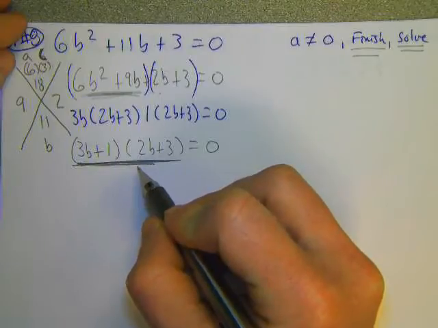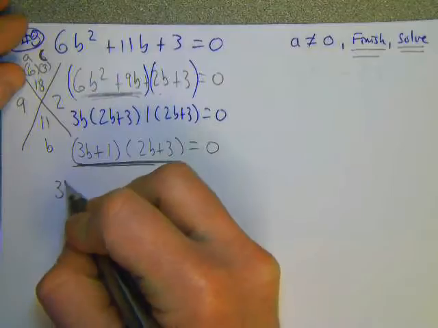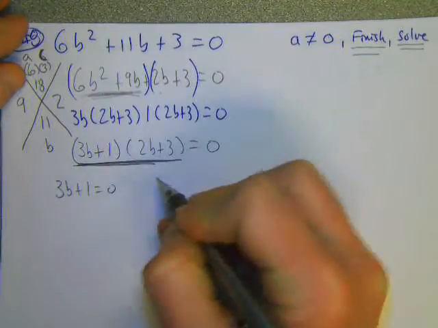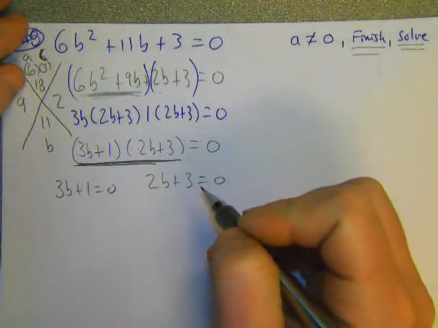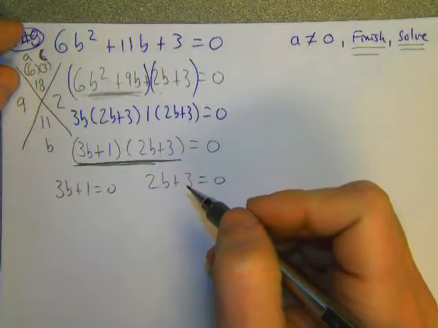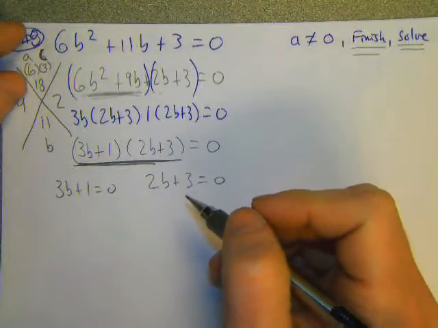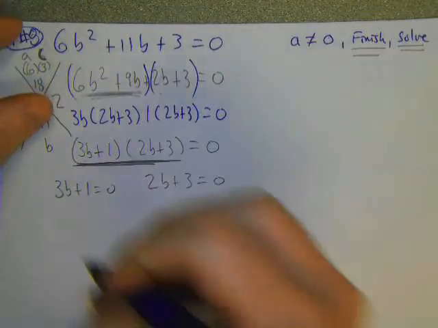So the solve piece becomes, I'm going to set each one of these quantities equal to 0. 3b plus 1 is 0. 2b plus 3 equals 0. Because when I'm multiplying, if I have either one of the terms being 0, then I get 0. So now I'm just going to do the algebra to solve.